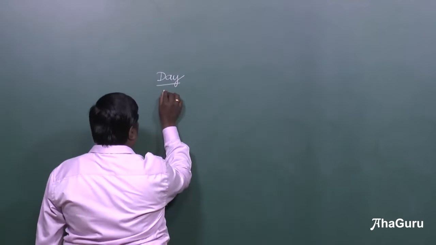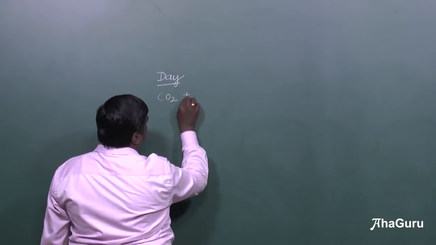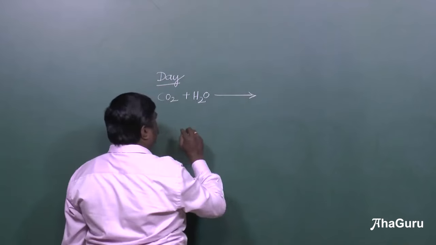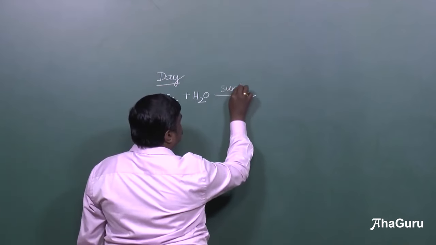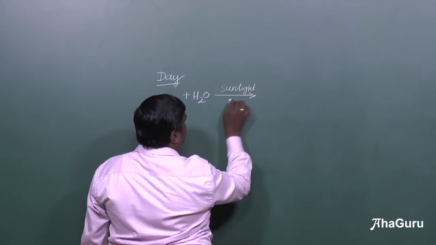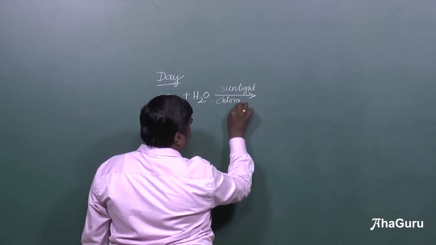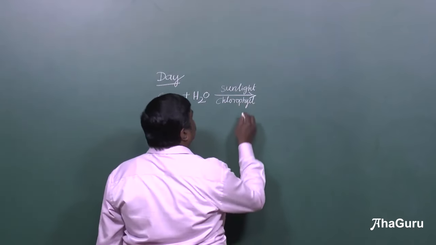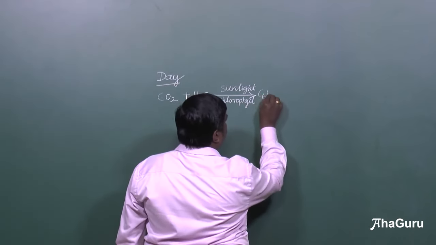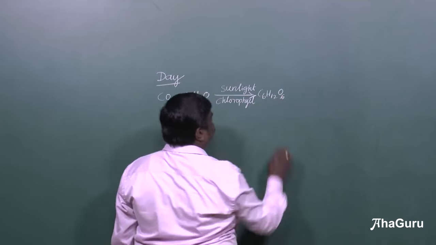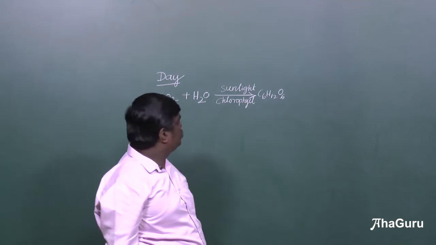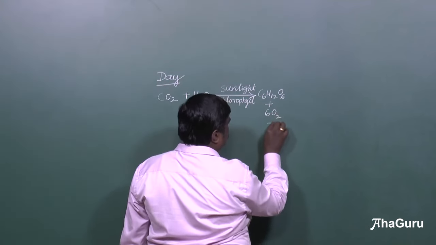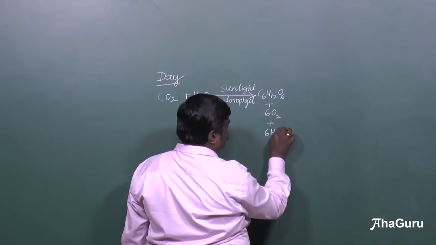The carbon dioxide plus water, in the presence of sunlight and chlorophyll, produces C6H12O6, that is glucose, plus 6 molecules of oxygen plus 6 molecules of water.